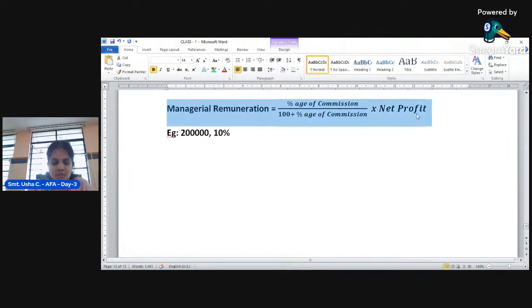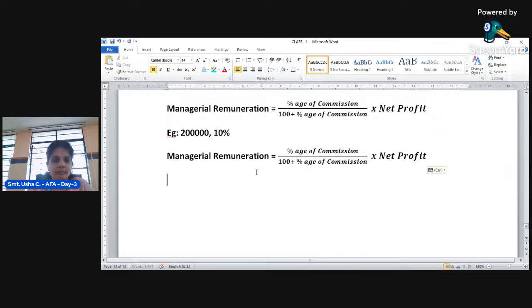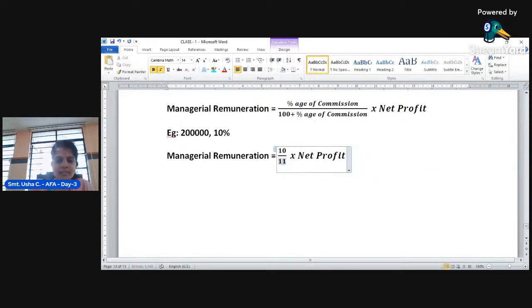For the calculation of this managerial remuneration, what is the percentage? 10%. 10% divided by 100 plus 10. 100 plus 10 in the sense how much? 110. 110 into net profit. What is the amount of net profit? Amount of net profit is 2 lakh rupees. So now you can solve this: 2 lakh into 10 divided by 110.